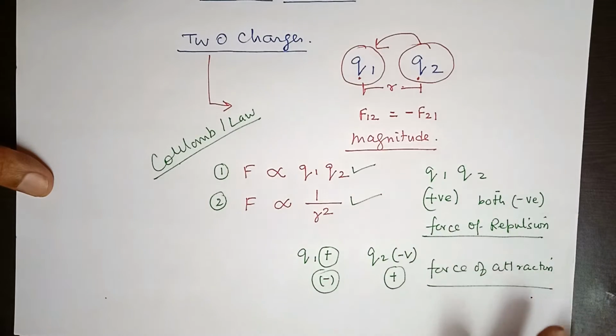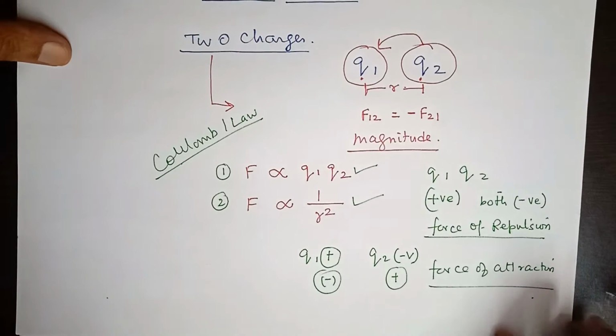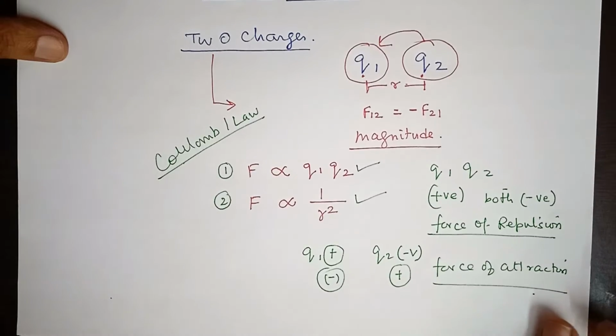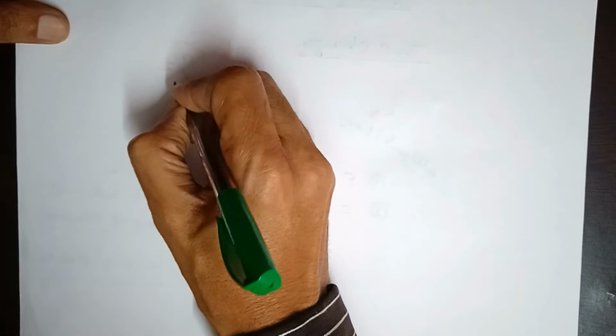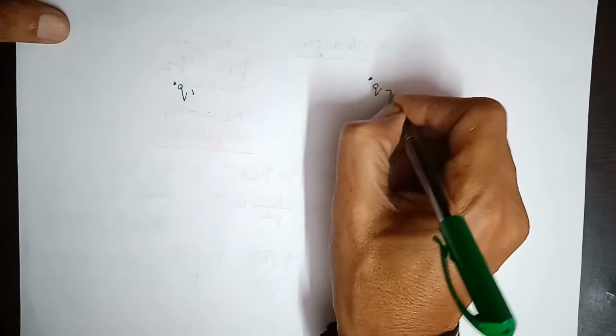So this is the illustration of Coulomb's law. Now we shall try to study this Coulomb's law in vector form. So let us assume two charges, one is Q1 and the other is Q2.